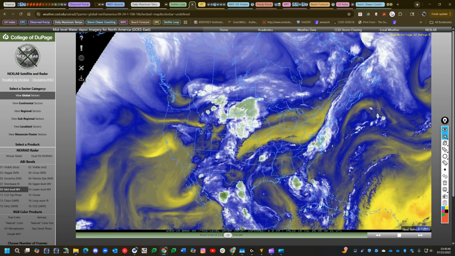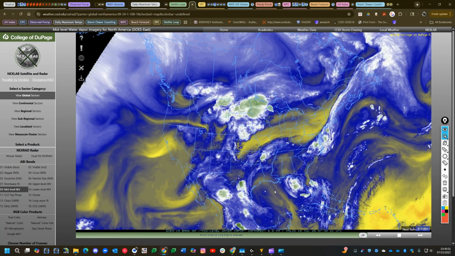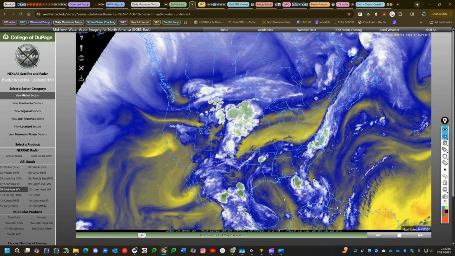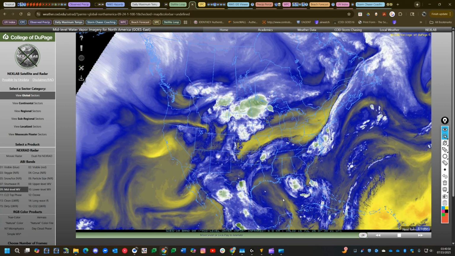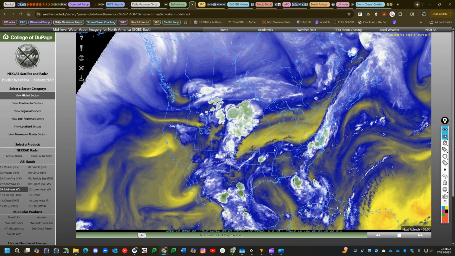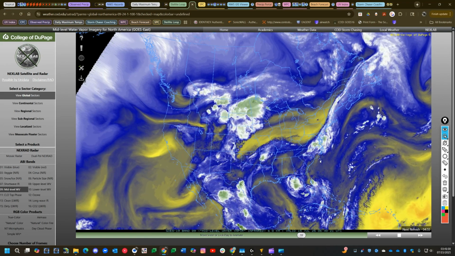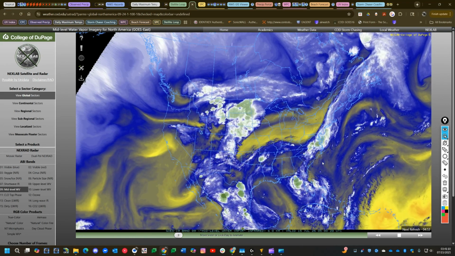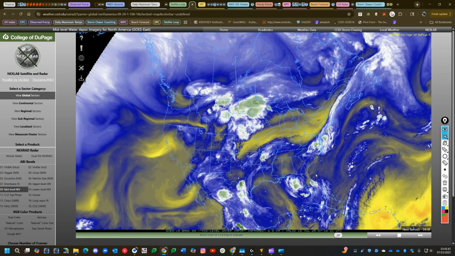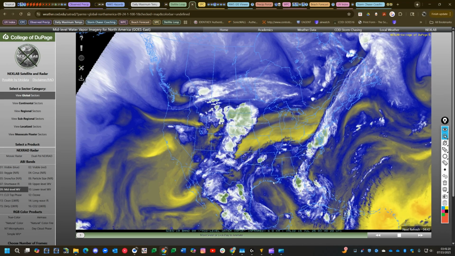We have another upper level low kind of pinching off here in the northeast Gulf with an upper level high pressure system. You can see the clockwise flow here, just kind of pushing all this moisture around.